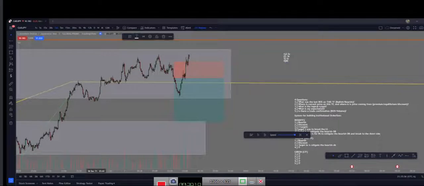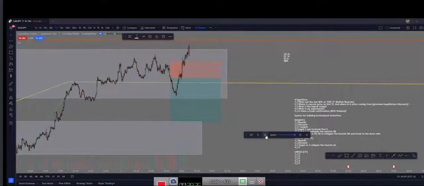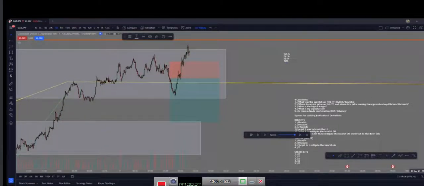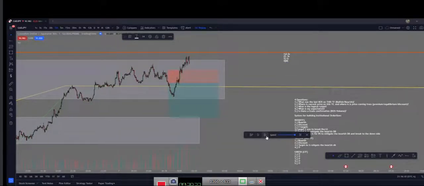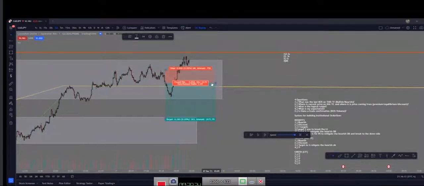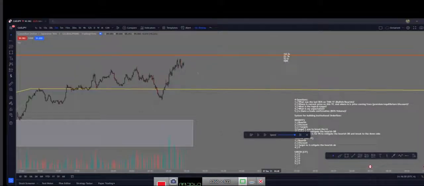It did break a range though. It broke that distribution range. It just came down into that unmitigated area, still had all those orders in there. Close that out. What else is happening? High volume at the top, price not going higher.